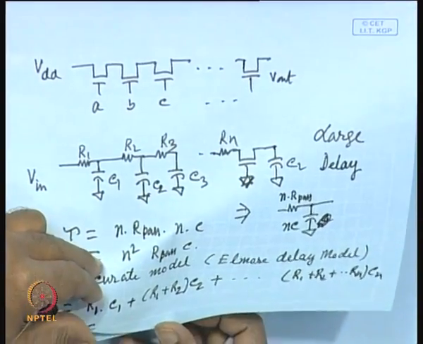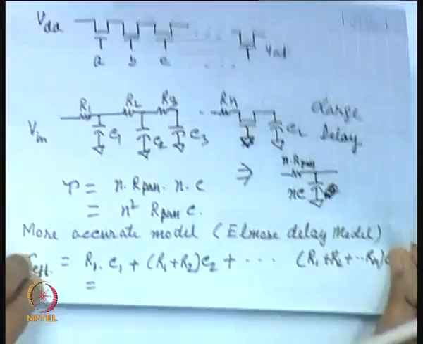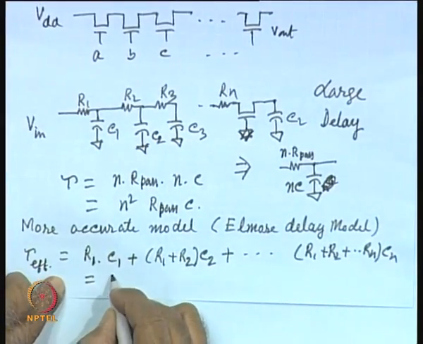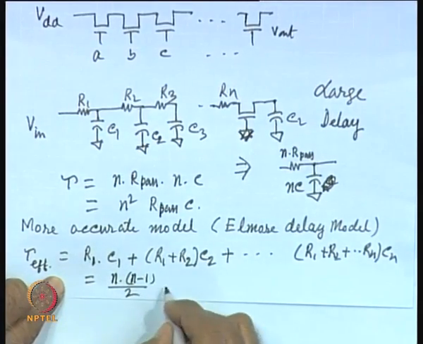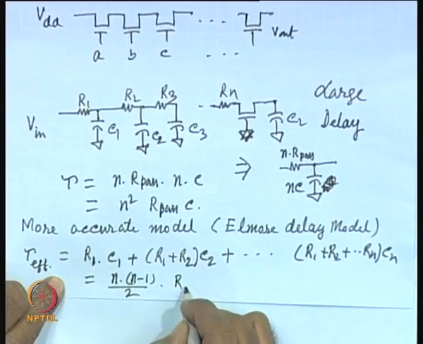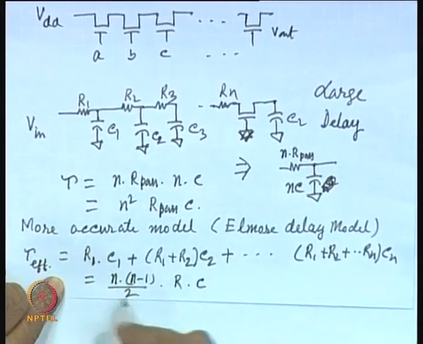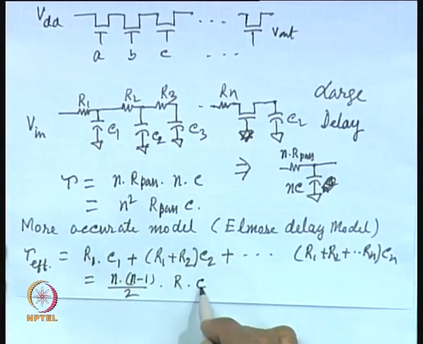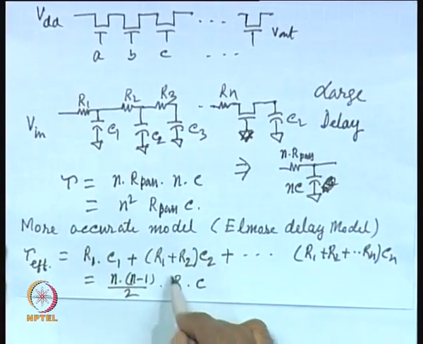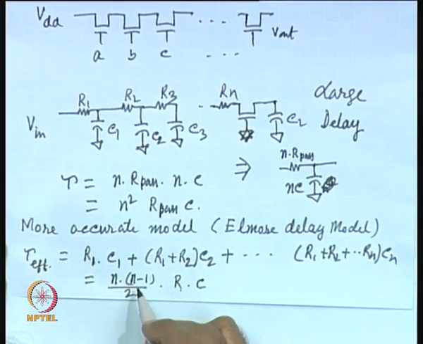If we assume that all R and all C are same, then this will become equal to N into N minus 1 by 2 into R into C. If all C are same, which is equal to C, and all R are same R, then the value will be like this. That means, RC into N minus 1 by 2.